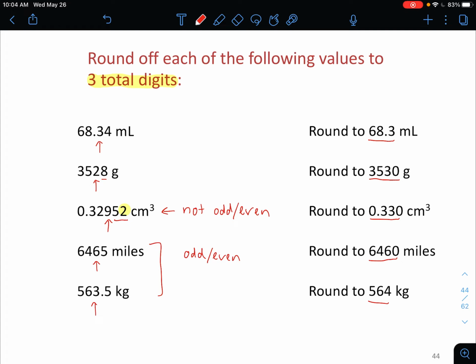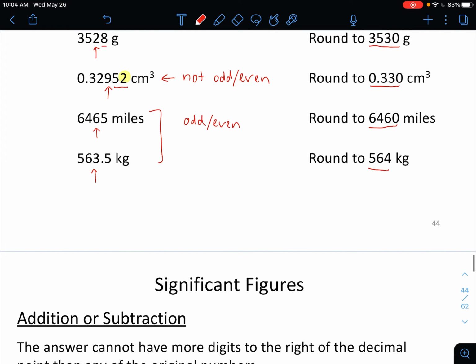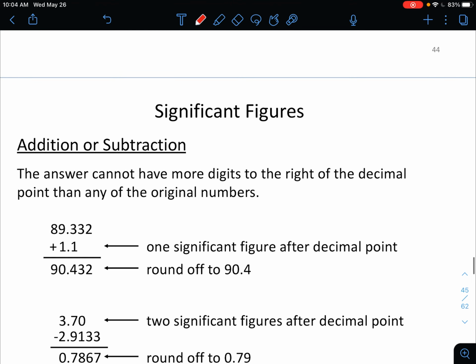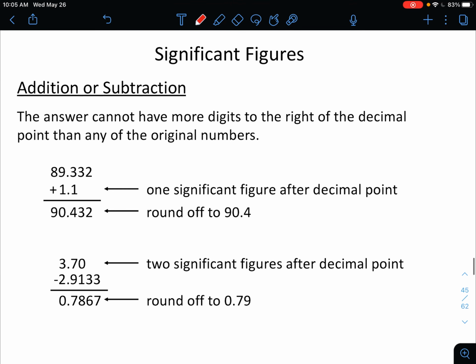So now we'll apply it to addition, subtraction, multiplication, division. Okay, so addition, subtraction, here it's phrased a little bit differently. The answer cannot have more digits to the right of the decimal point than any of the original numbers.